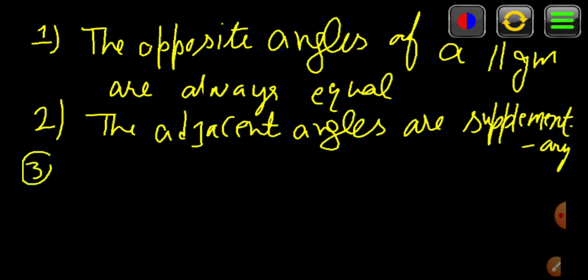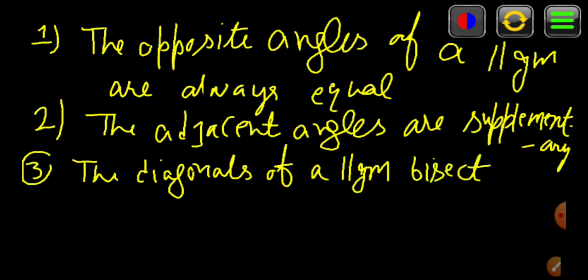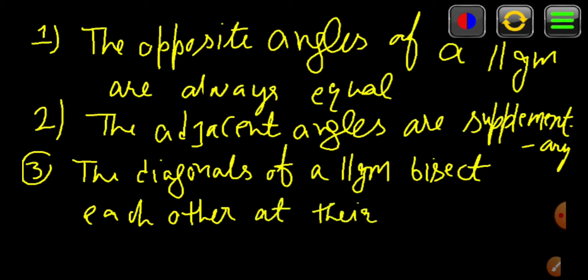Third, main property, the diagonals of a parallelogram. I am writing it by symbol. Diagonals of a parallelogram bisect each other at their point of intersection.